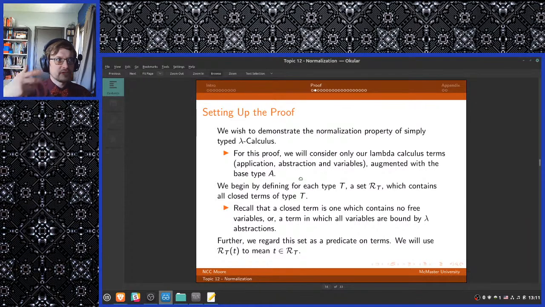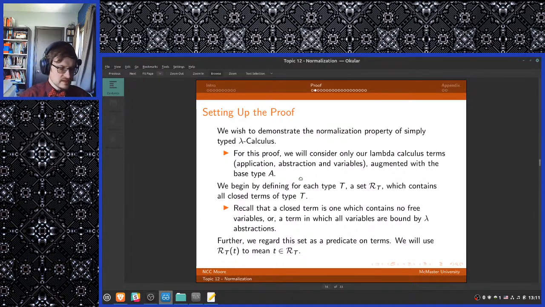there are going to be a few definitions from earlier in the course that you're going to have to recall in order for this to make any sense whatsoever. Number one is the difference between closed and open terms. A closed term is a term which contains no free variables, and a term which is open is one which contains free variables.